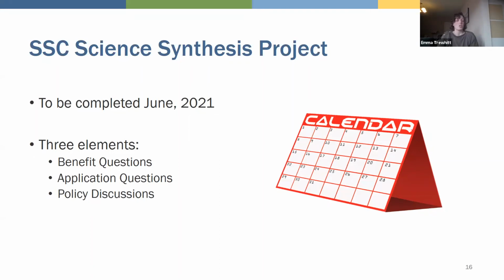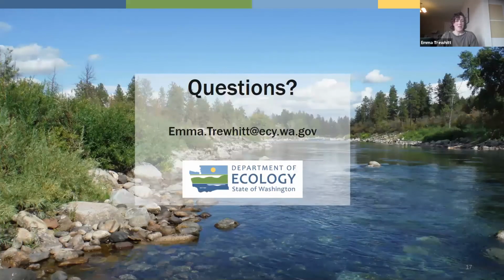So that's looking to be completed, the first part anyways, in June 2021. So that's mostly what I have to say about that. That was a lot of history, a lot of progression, and so I think we have a decent amount of time to answer some questions.